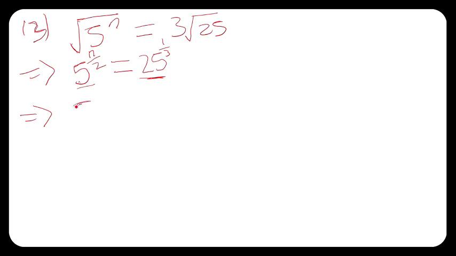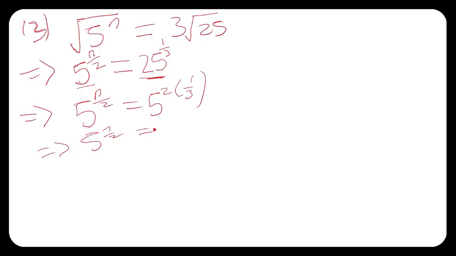So we have 5 raised to power n over 2 is equal to what? This can be 5 raised to power 2 times 1 over 3. So this is the same thing as having 5 raised to power n over 2 equal to 5 raised to power 2 over 3.